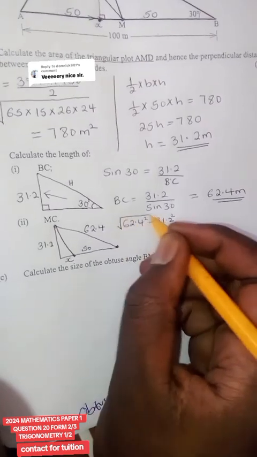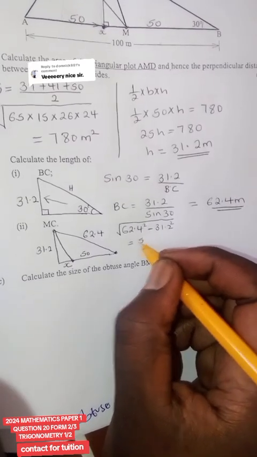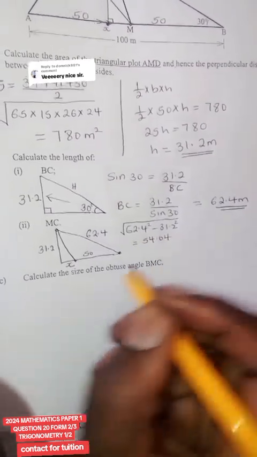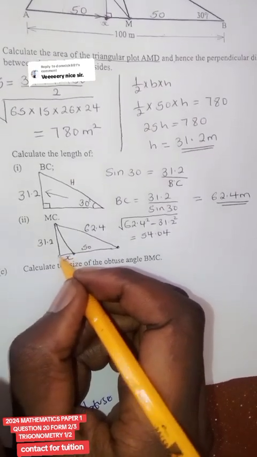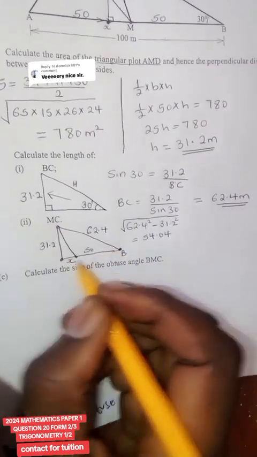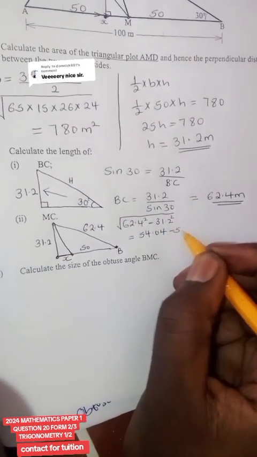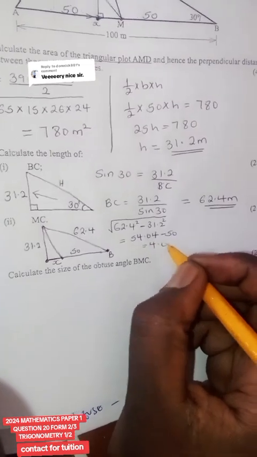Then you find the square root. This will give us, to two decimal places, 54.04. So that is the total distance from this point here, X, to the point B. And I already have 50. So the smaller distance here will be, I subtract 50 to get 4.04.